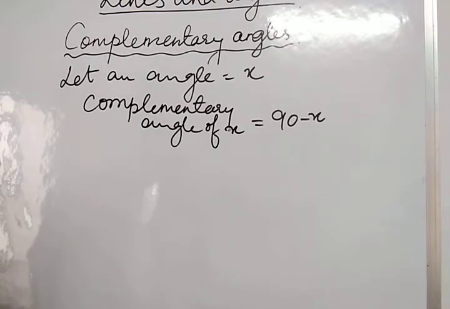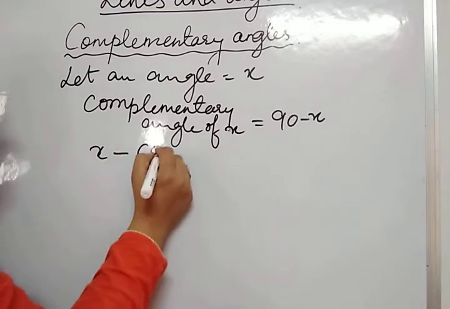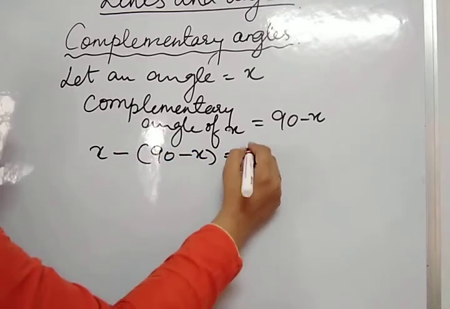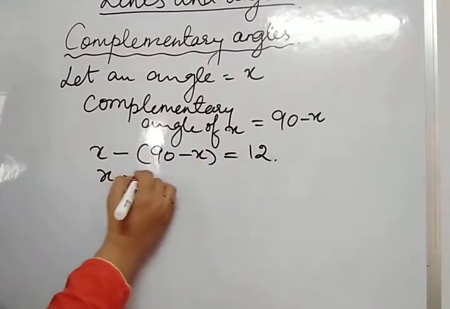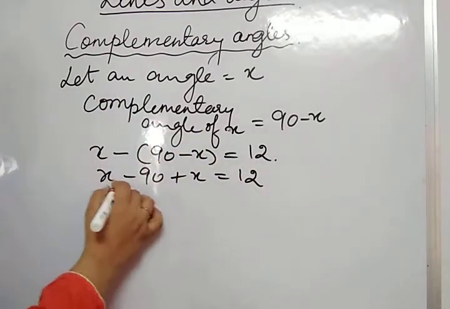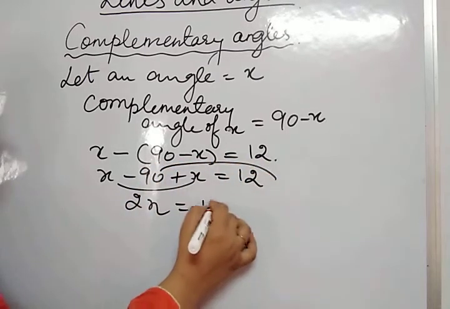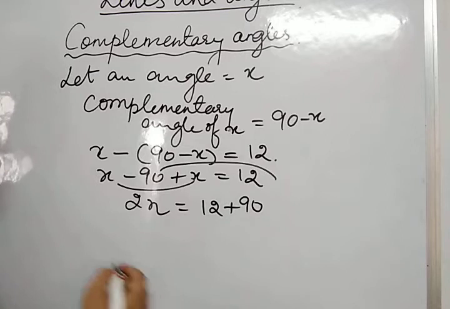For finding the complementary angle, we will subtract it from 90. Now it is given in the equation that their difference is equals to 12. Now x minus (90 minus x) is equals to 12. Then x minus 90 plus x equals to 12. x plus x is 2x. Shift 90 here. Then it will be plus 90.